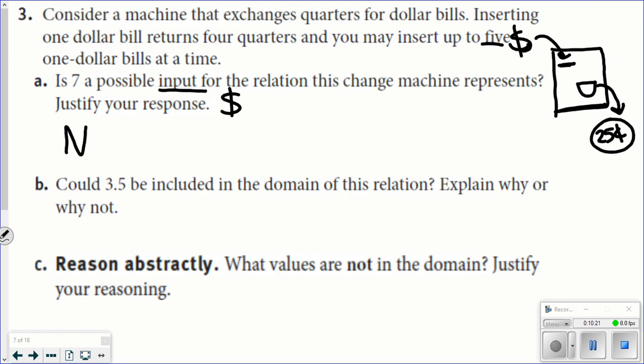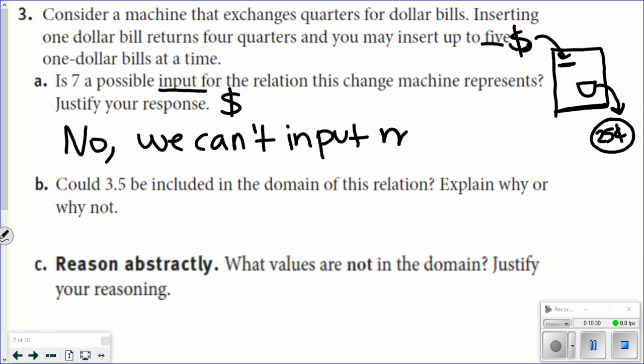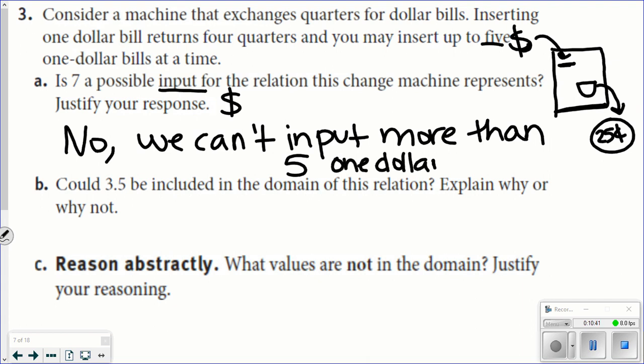So this would be no, because we can't input more than 5 $1 bills at a time. The maximum input is 5, so that means we can't put 7.